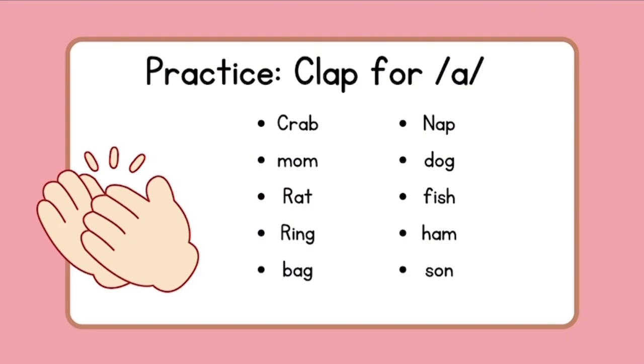And if it doesn't, they are going to stay still. For example, crab, we're going to clap. But if it says dog, no, we're going to stay still. Or rat, rat.